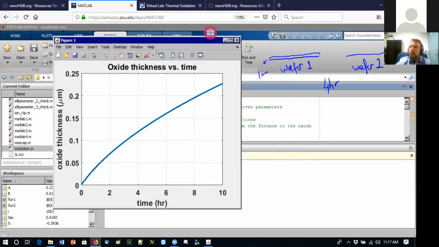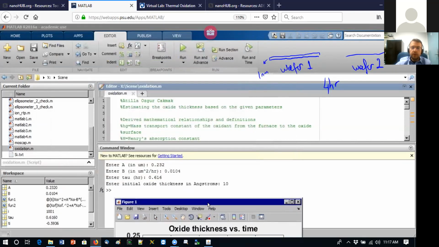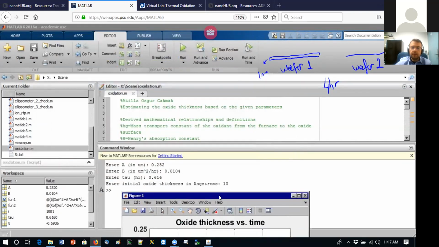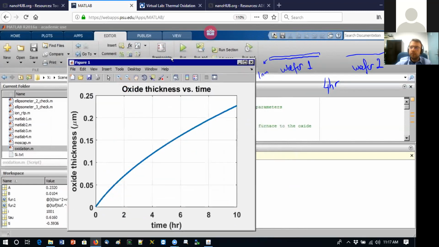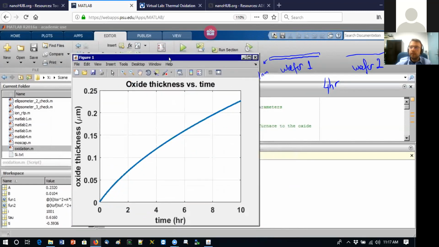I hope you also got a similar graph like this once you entered the initial oxide thickness. It should pop up. At this point, I'm going to use this data cursor.